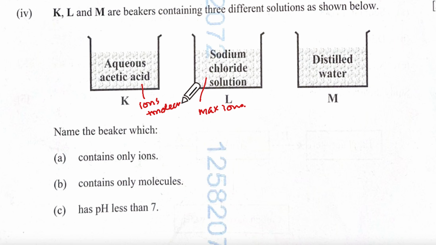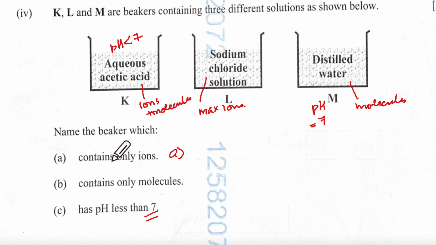This is what you should have happening in your thought process, and this will be only molecules. The pH for distilled water is going to be 7. If this is aqueous acetic acid, the pH is going to be less than 7. Now this is with hydrolysis of salts, which is not part of the syllabus. So this is the only one out of the syllabus they have asked you.